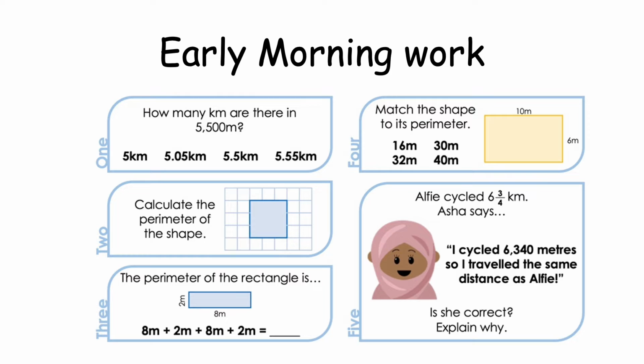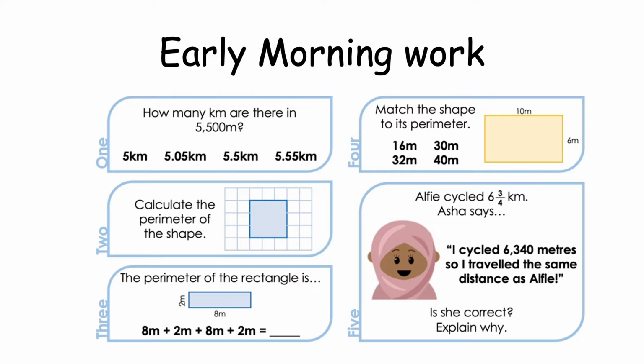Number 2. I can see that that shape is a square. So I know that every side is the same length. Okay, I know the top one side is 3 centimeters. So 4 multiplied by 3 is 12.